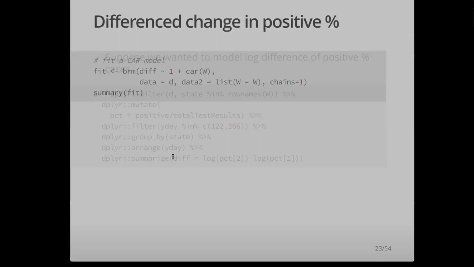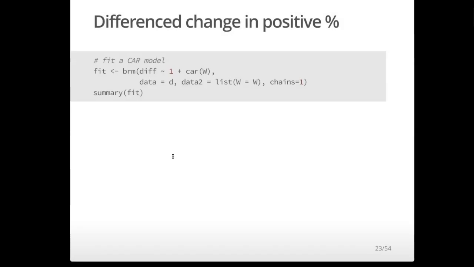To do this in BRMS is super simple. Essentially we need to create this adjacency matrix W, and I've hidden the code to do that, but if you want to do it yourself, it's in the lecture notes. We just have to create this giant matrix W that here is going to be dimensioned 48 by 48 because I didn't deal with Alaska and Hawaii.